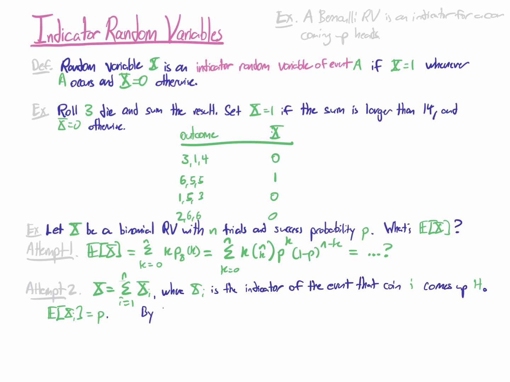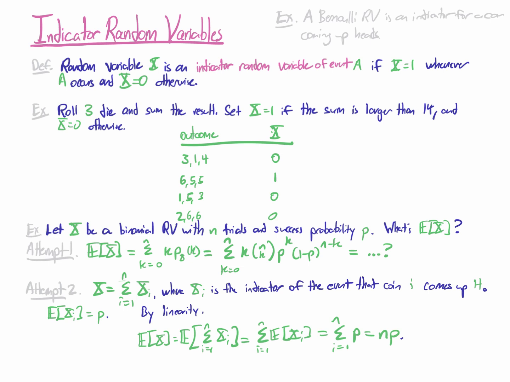So by linearity, we know that the expectation of x is equal to the expectation of the sum of all the little x_i's, which by linearity is equal to the sum of all the expectations. Each of those expectations is equal to p, and there are n of them in total. So my result is n times p.